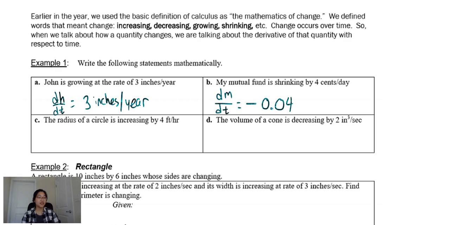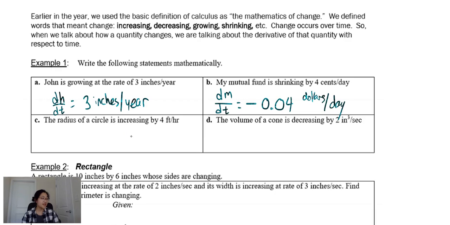So cents per day is what, negative $0.04 per day. Now that we've converted it from cents into dollars, that's how generally we think about money. But you know, it's up to you. Mutual funds, by the way, are good to start when you're young. So if you are able to, even a little bit, totally helps.